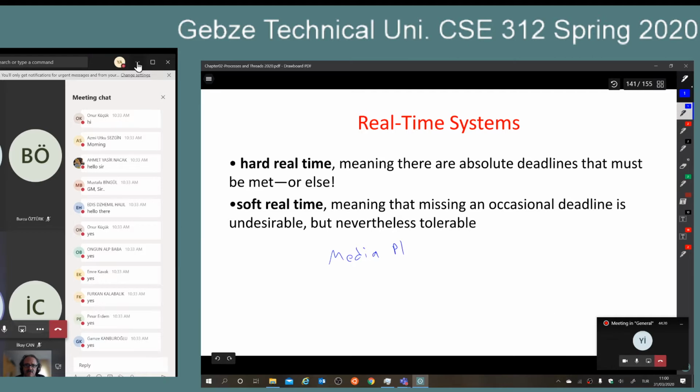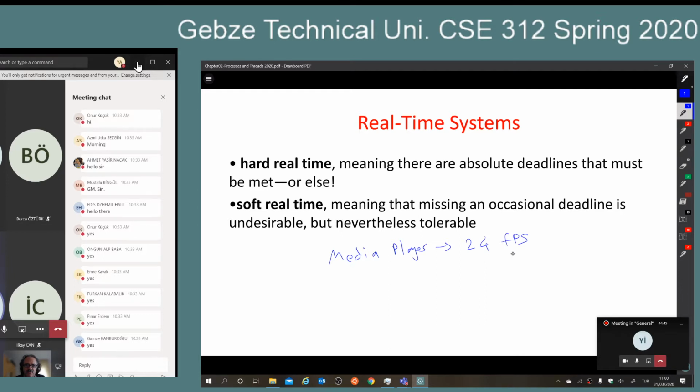Media player. Let's say you have a small screen device. It plays your videos or it plays your music. This is supposed to show 24 frames per second, FPS. If it shows 24 frames per second for the whole day, that's fine.